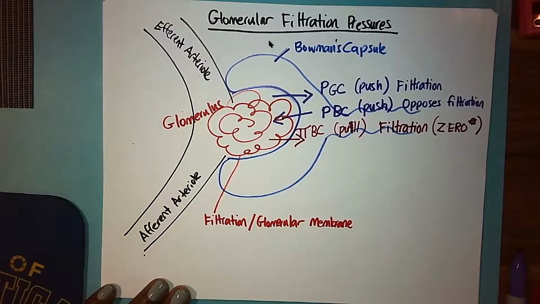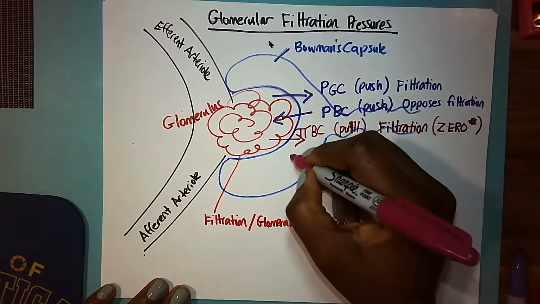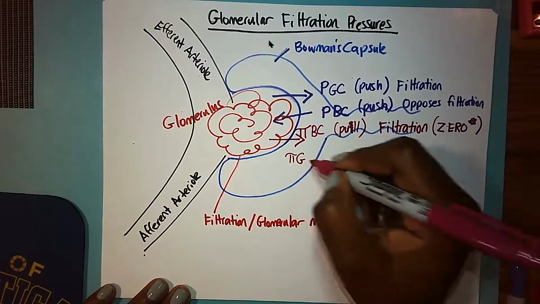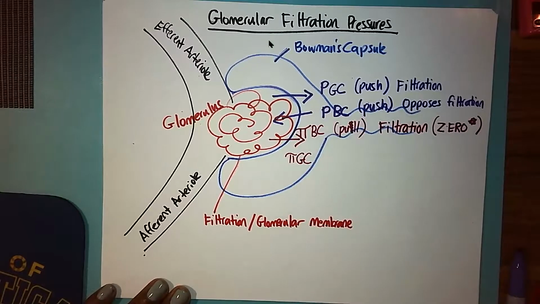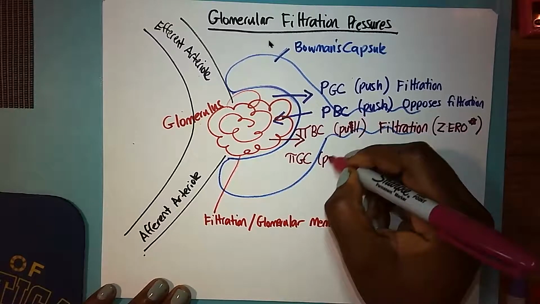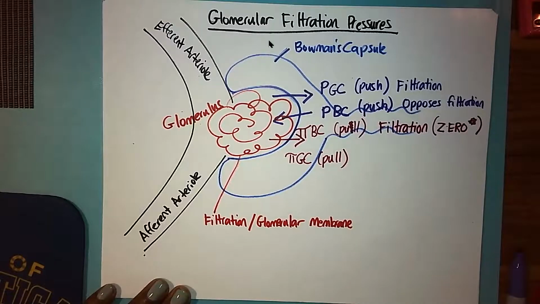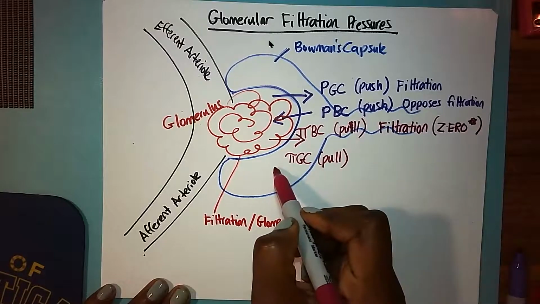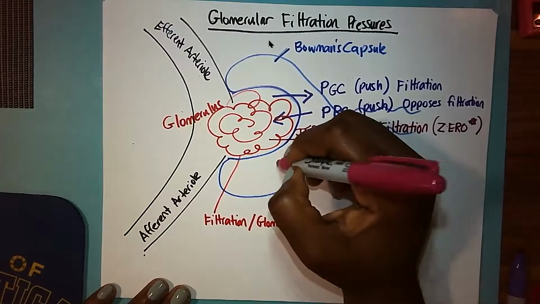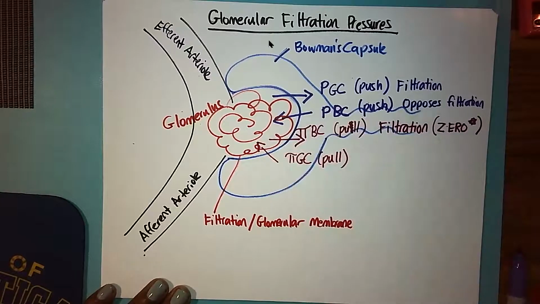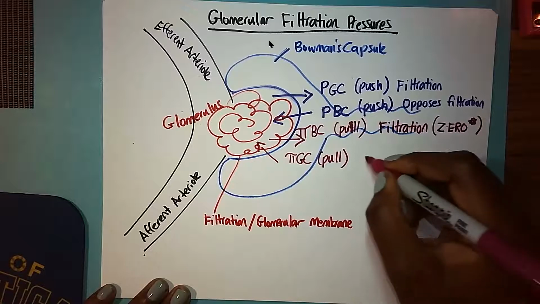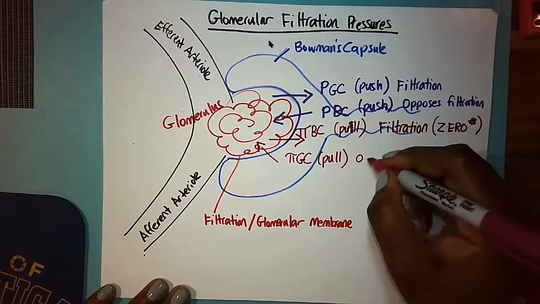The second oncotic force is the glomerular capillary oncotic pressure. This is also a pull force, but it's going to be pulling fluid from the Bowman's capsule back into the glomerulus. And because it's moving in this direction, this is going to be opposing filtration.